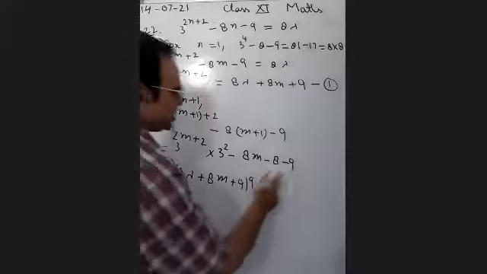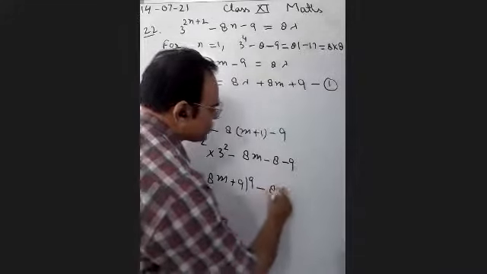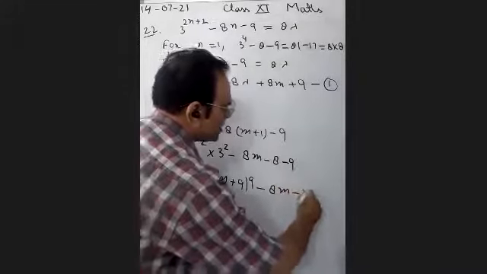The remaining terms we are writing here, minus 8m minus 17.